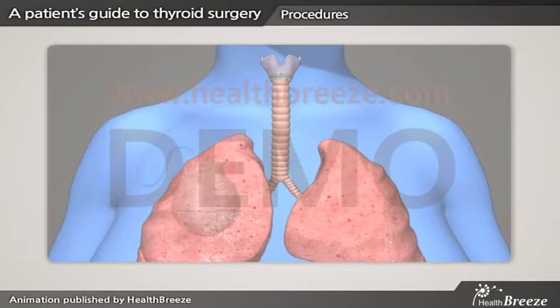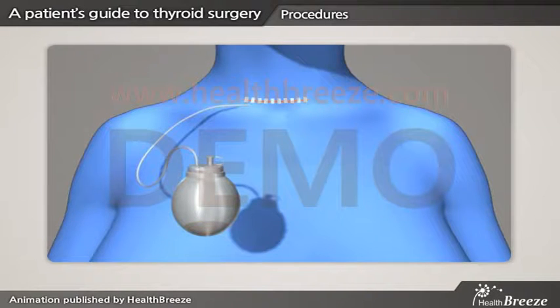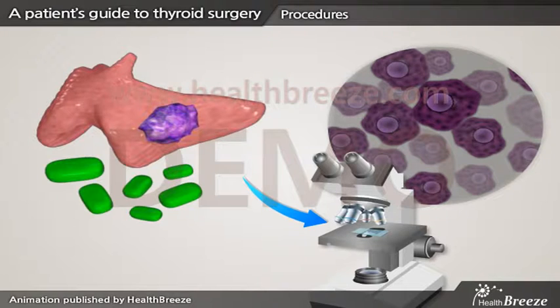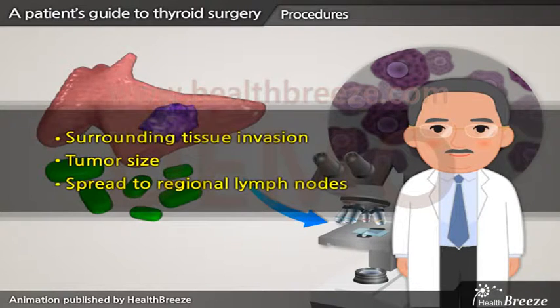Then the wound is closed with a temporary drain in place to monitor and minimize fluid accumulation underneath the skin. The resected specimens are sent to the pathology department to be examined for various factors including surrounding tissue invasion, tumor size, and spread to regional lymph nodes.